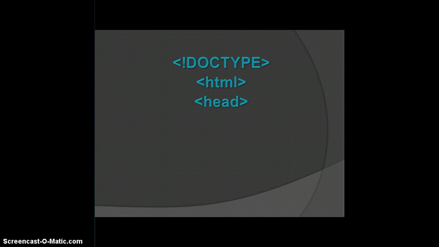We will talk about head later on, in an upcoming tutorial. Then there is the title, and we're gonna see in a few seconds how the title works. Then we're gonna be using the body, which is actually whatever you see on the website.